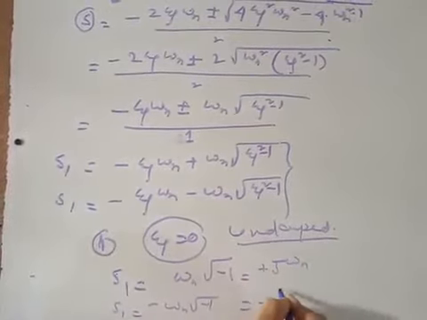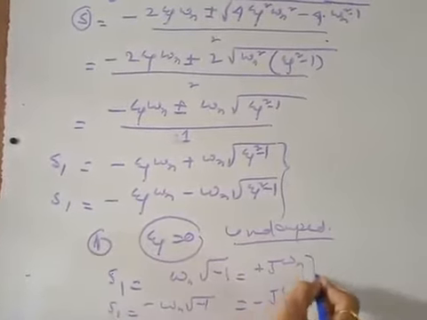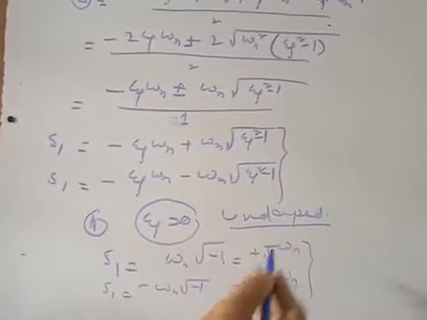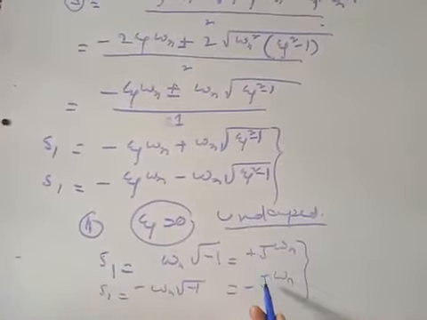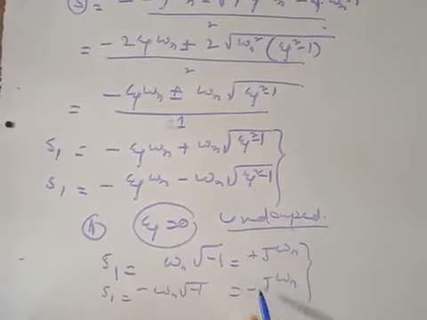These are the two pole locations: one is only imaginary, the other is only imaginary, but with opposite sign.